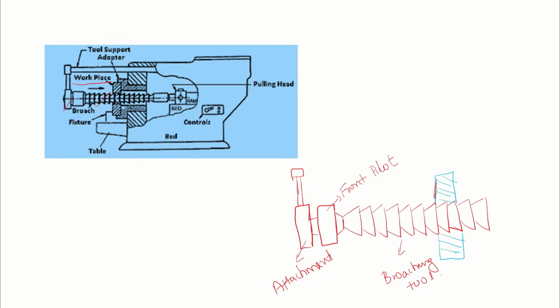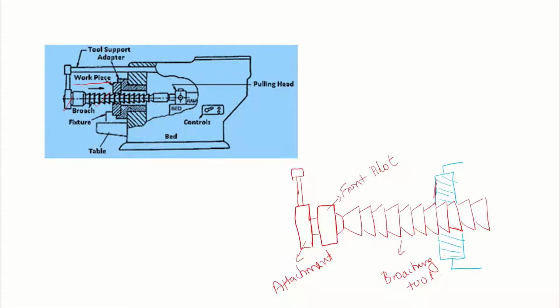This is the hatched workpiece, and the broaching tool is allowed to pass through. That is, this particular broach is used to make an internal hole. Well, we have taken the workpiece. Definitely this workpiece needs to be fixed.